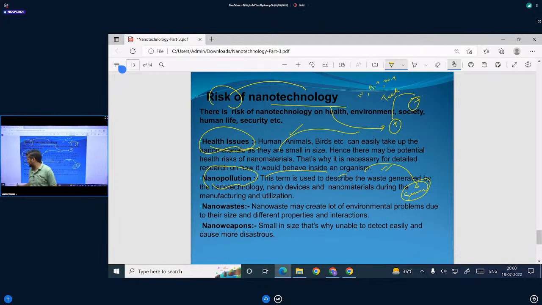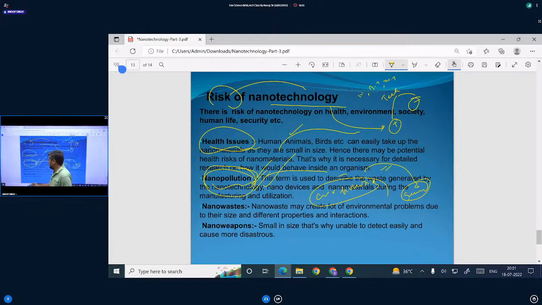Otherwise it will create another pollution. On one hand you are controlling one pollution, that is the air pollution, but on the other hand it will give birth to another pollution. If those nanomaterials are not decomposed with specific guidelines, they will give another pollution.